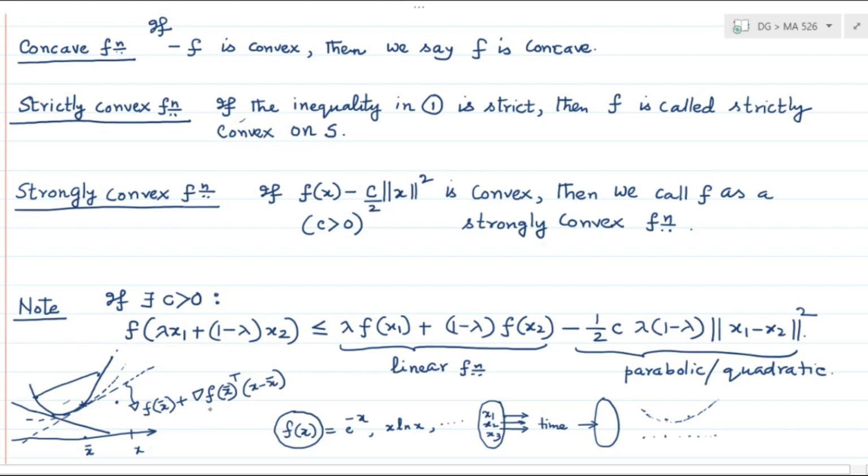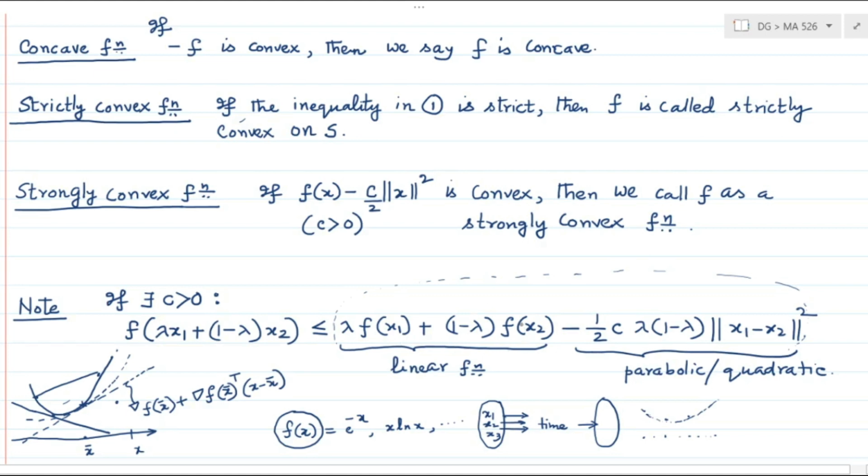And for a strongly convex function, there is a parabola that is a global lower estimate of the strongly convex function, and that is what the right hand side says. On defining the strongly convex function, you note that this right hand side is precisely a parabolic equation.